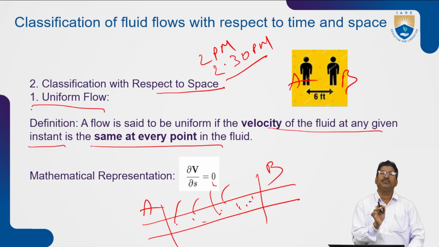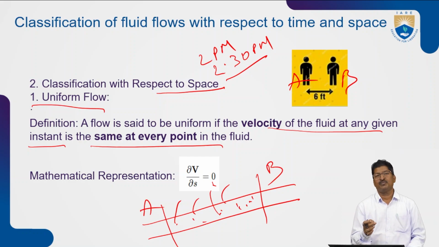So at a given point of time, it is just the opposite of steady flow. There it is a given location but different times. Here, uniform flow means a given point of time at different locations.